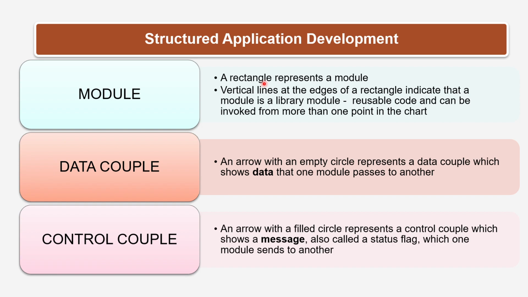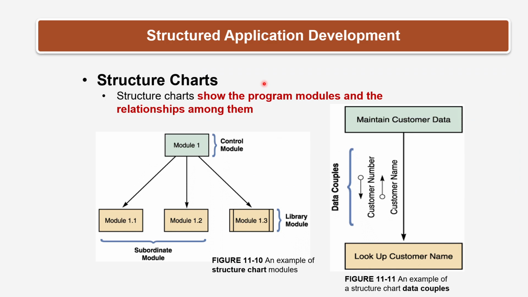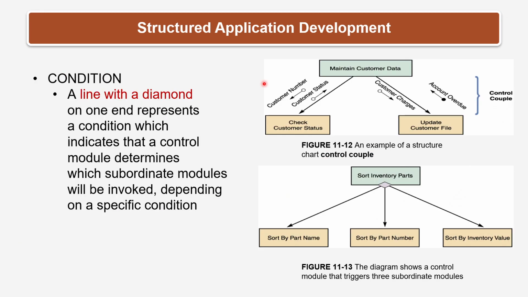For the control couple, an arrow with a filled circle represents a control couple, which shows a control flag that one module passes to another. This is a control couple example of a structure chart.